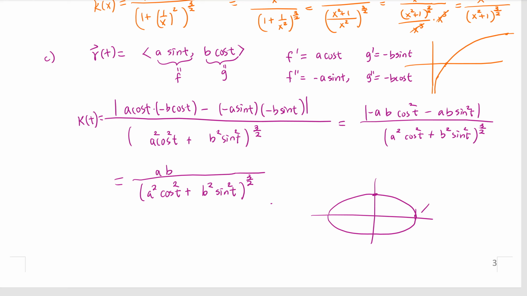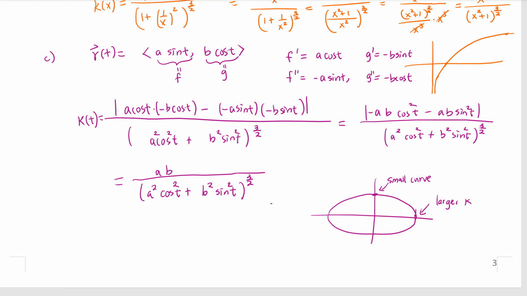Because it turns more quickly, we will have a larger curvature. Here it turns more slowly, so it will have a small curvature. So the curvature changes with respect to time, because at different points the curvature is going to be different.